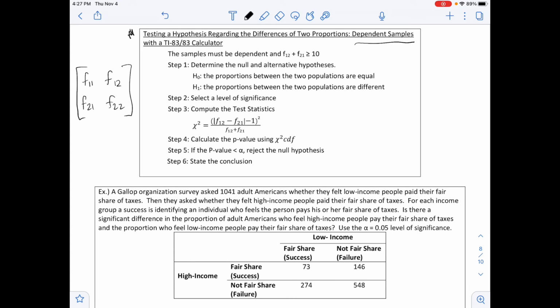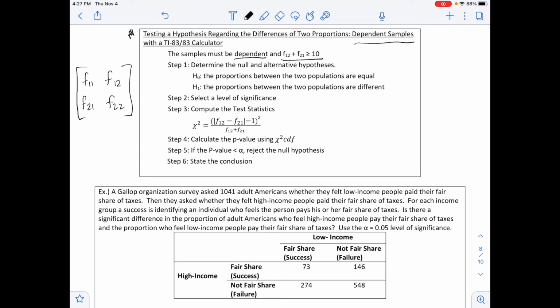The one next to that is F12, so row 1, column 2. Likewise on the second row, we have F21, so row 2, column 1, and F22 is row 2, column 2. And so it says the sample must be dependent. This is what you would have to verify. And F12 plus F21 is greater than or equal to 10.